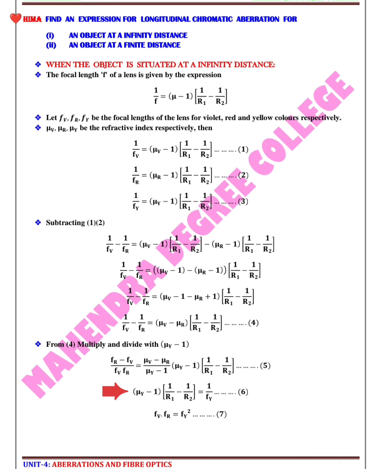This is equation number 6, where Fy represents the focal length for yellow light, mu y represents the refractive index for yellow light, and R1 and R2 are the radii of curvature of the lens surfaces.